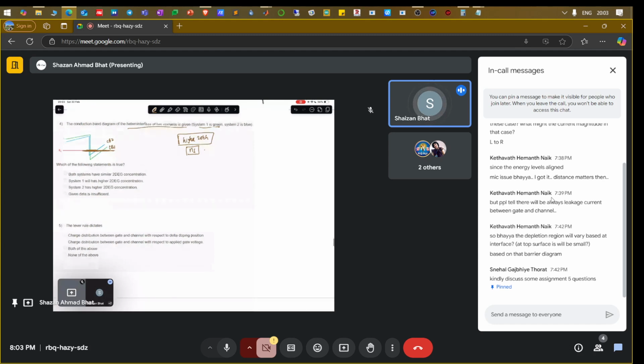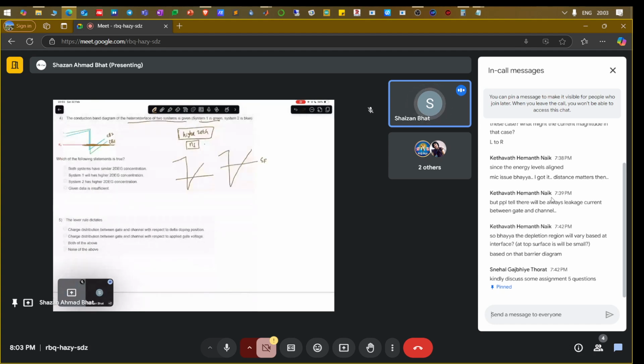What is going to happen in this scenario? In the first scenario, the Fermi level is totally penetrating into the conduction band, and greater into the conduction band. If you have n equals 0, that will be somewhere here. The E0, the first eigenenergy, will be somewhere here, so that these VDI are different. So VDI1 will be greater than VDI2.